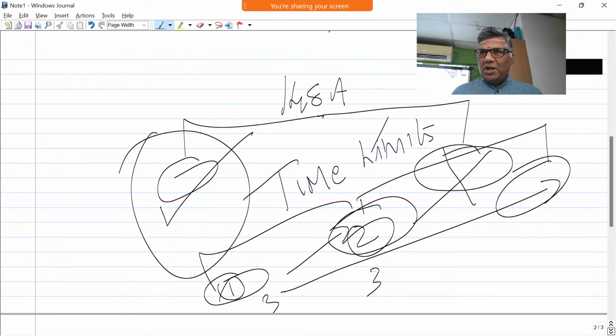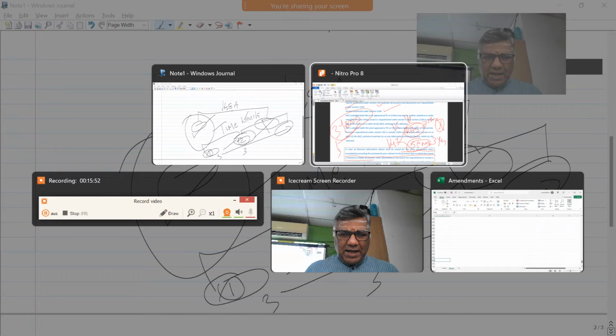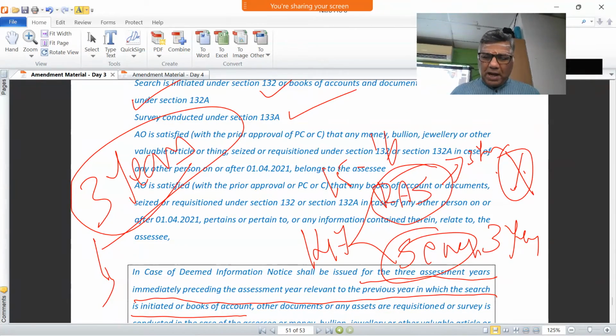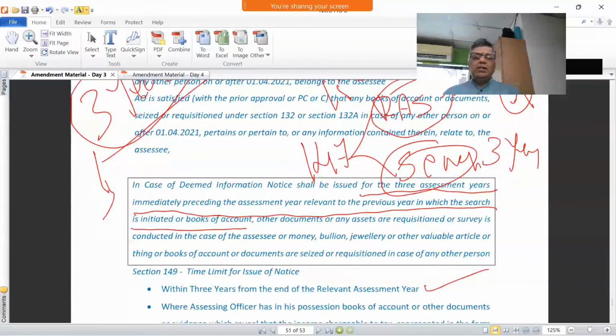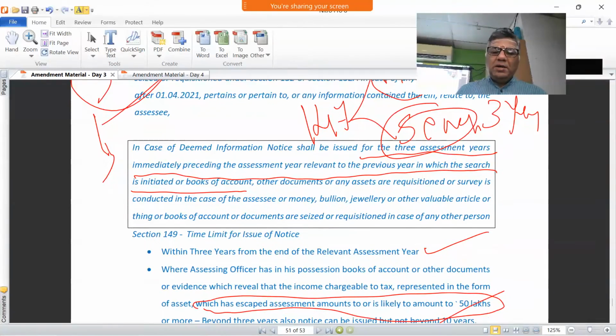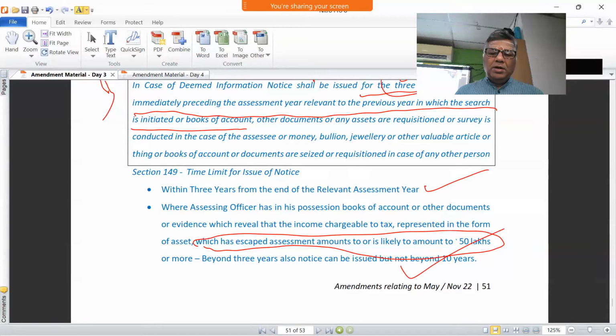Income escaping assessment should be 50 lakhs or more.